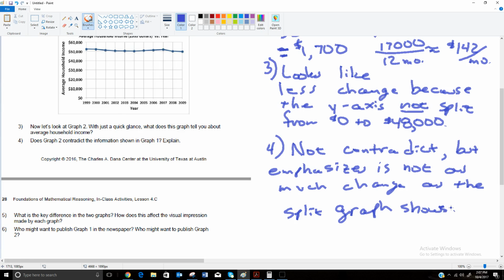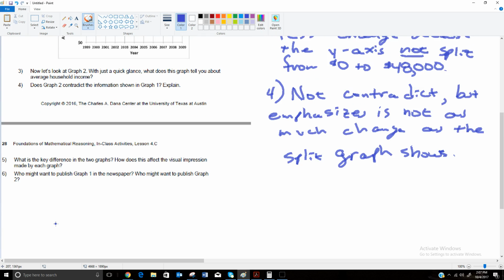Okay, so question 5 asks, what's the key difference between the two graphs? And we already discussed that. How does this affect the visual impression? So to summarize, the difference is that graph 1 has a split y-axis. That's the axis that goes up and down on the left side.